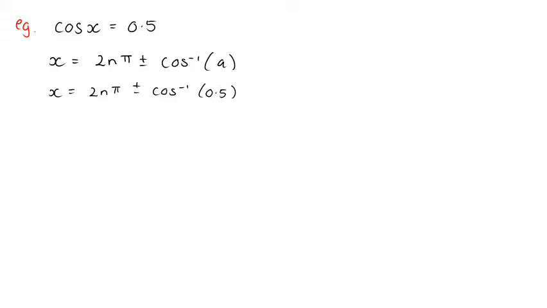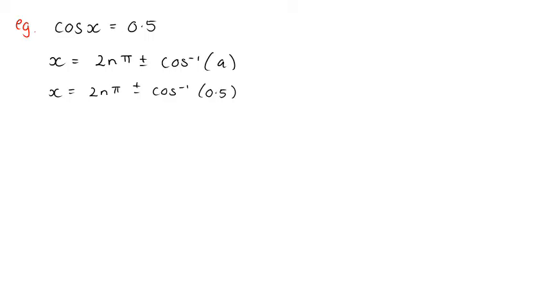So what you're doing is sub in your a, 0.5. Now, what is inverse cosine of 0.5? We don't have a calculator in a test. We ask ourselves, what angle gives us 1 over 2?